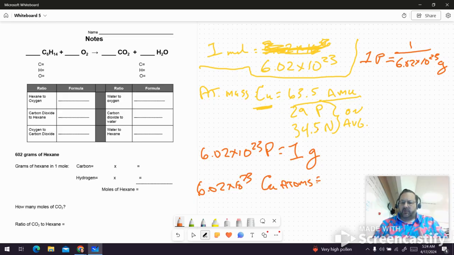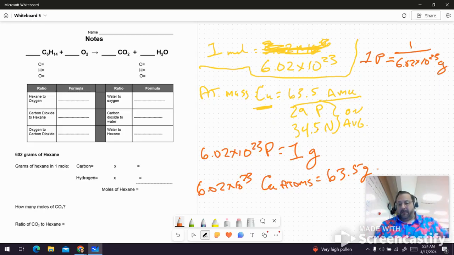And it's actually really easy. It would weigh 63.5 grams. So I'm going to put that in here, 63.5 grams.